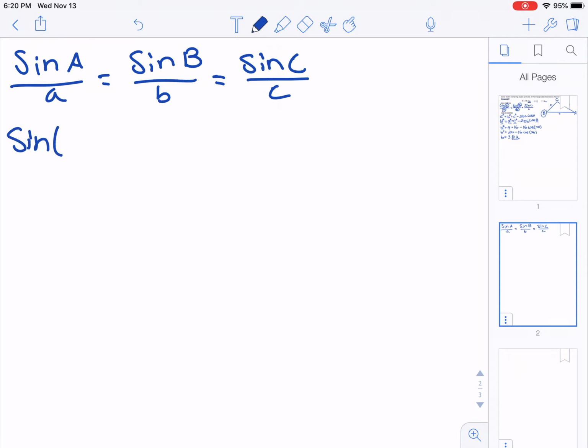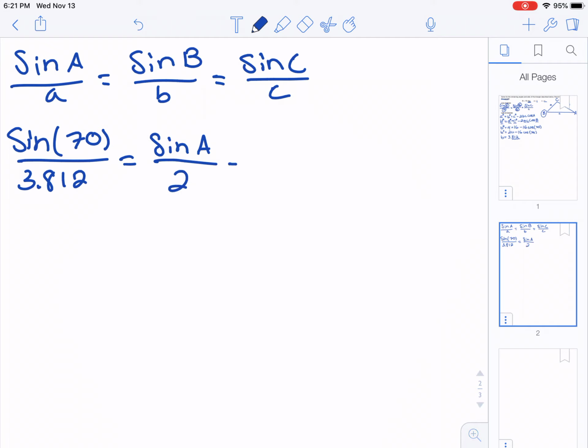So we'll have sine of 70 over 3.812. That was the b value we just solved for. That's going to be equal to sine of A, angle A, we're not sure what that is yet, over 2, its corresponding side length, which is also equal to sine C over its corresponding side length, which is 4.